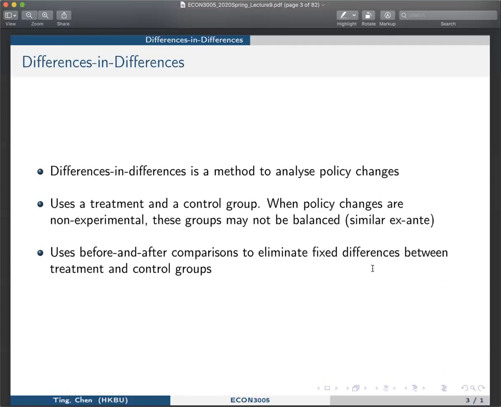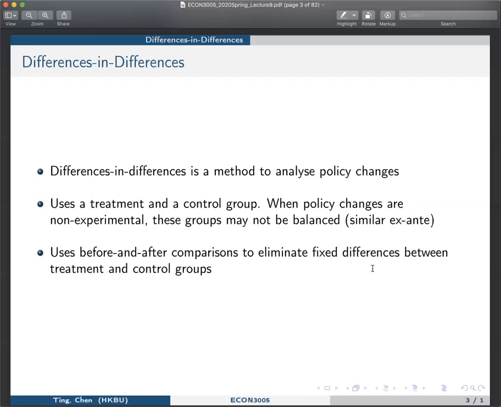This is a terminology that we will use. It's similar to X ante, but a different X ante, and therefore it may also differ in X post.